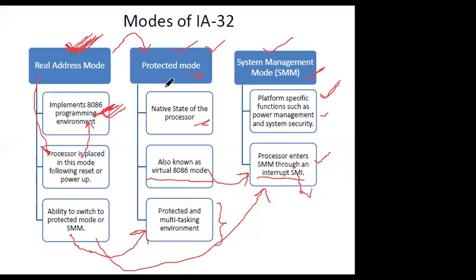So there are three modes of operation of the IA32 architecture. And there is one special mode that I have already mentioned when we were going for 64-bit, that is the IA-32e extension mode, which is the IA64 architecture concept.